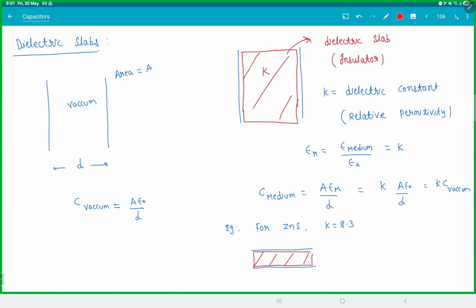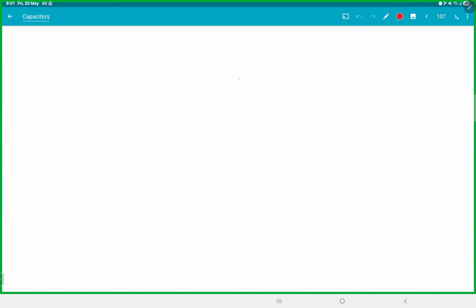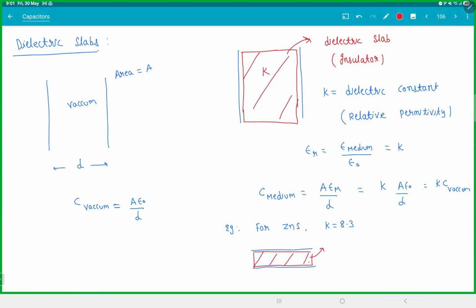So what is the advantage of this thing? One, the K value is great, so you get more capacitance. Second, think of it this way. If I just put two plates like this without anything in the middle, there is a high chance the distance will change. Isn't it? The plate distance will get messed up. The plates will not have enough strength to withstand the forces. So this provides mechanical strength.